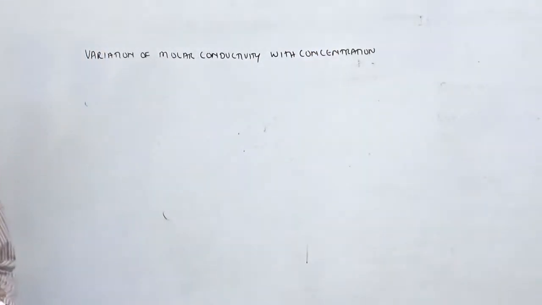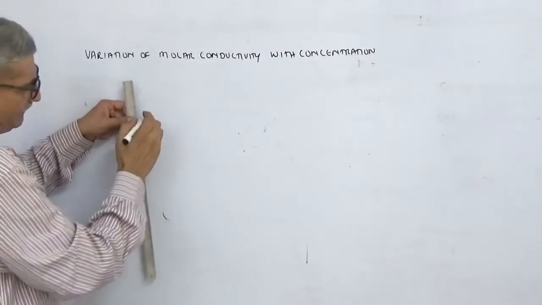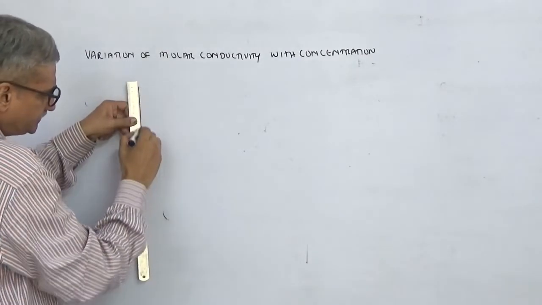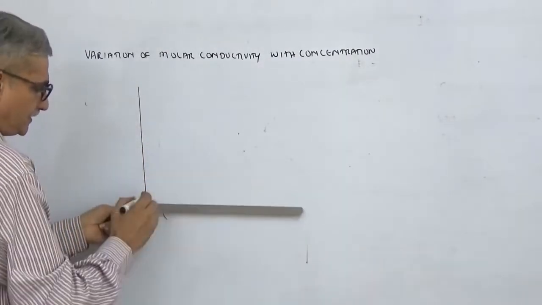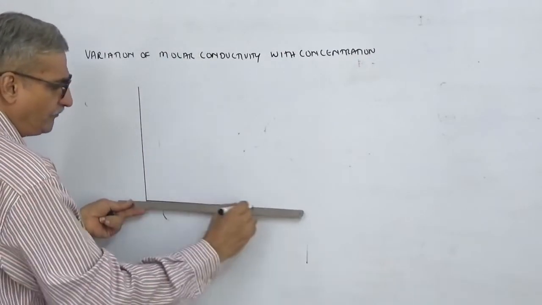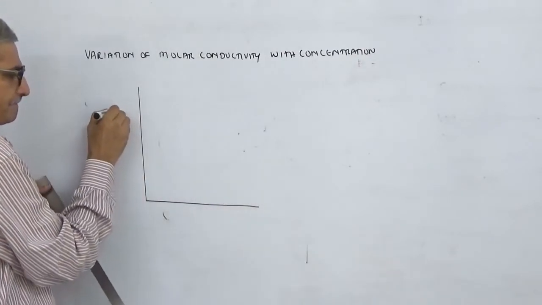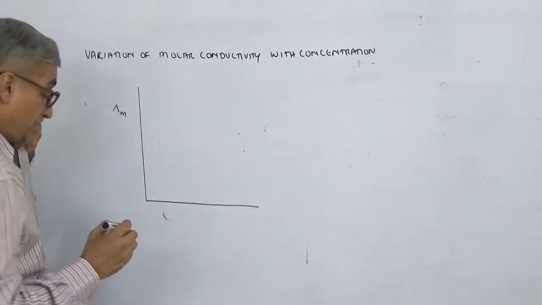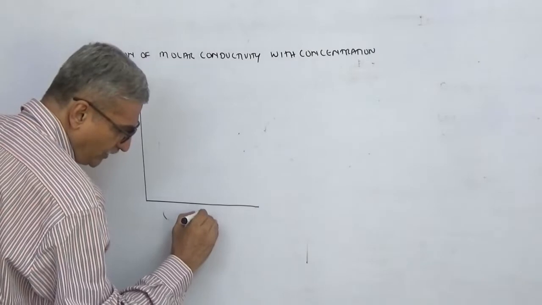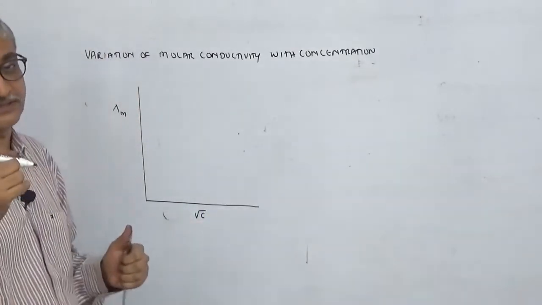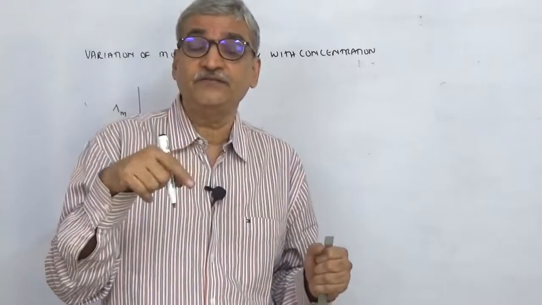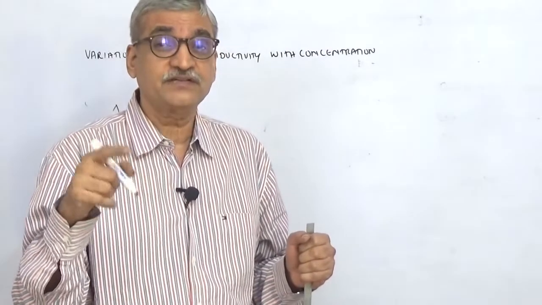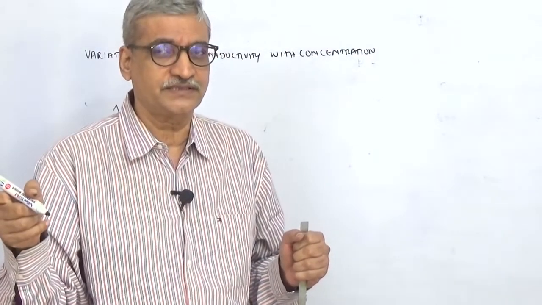See, what happened was that when a graph of molar conductivity, lambda m, was plotted against square root of concentration. Why square root of concentration? Because degree of dissociation is inversely proportional to square root of concentration.